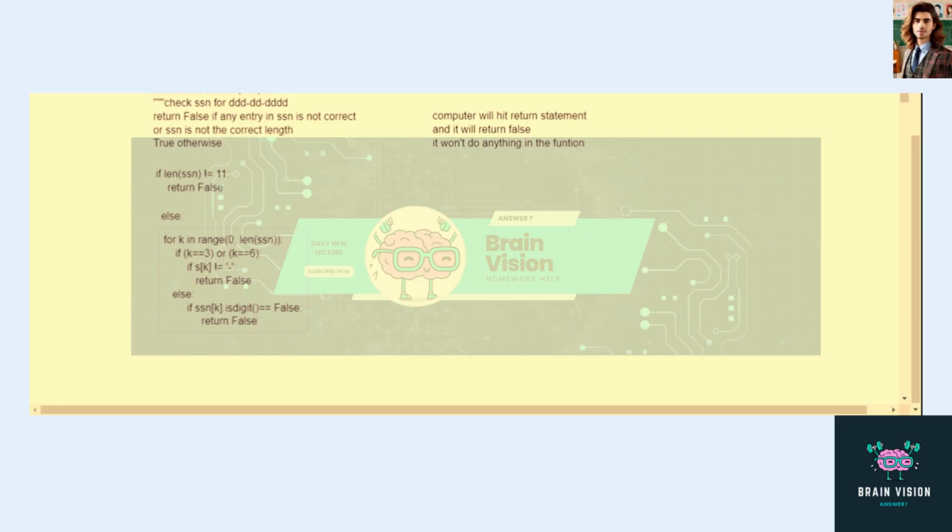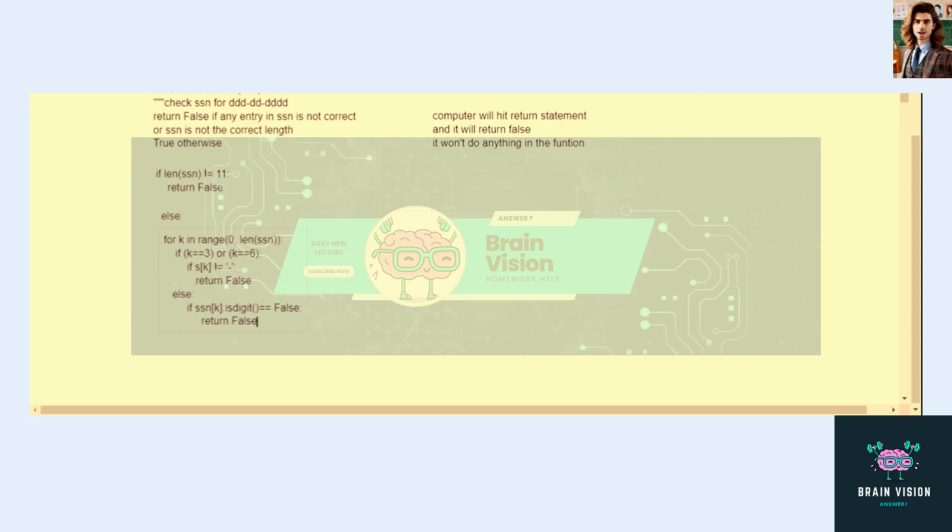And now if it's not k equals 3 or k equals 6, then the rest of them must all be digits. One method to check for digits, and there are other ones, is to use the isdigit function, which is mentioned in the textbook. That's why I used it. And if it's false, so if it's not a digit, then I return false.